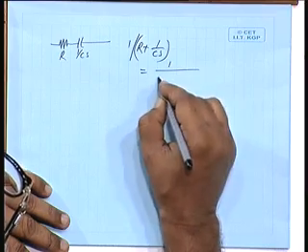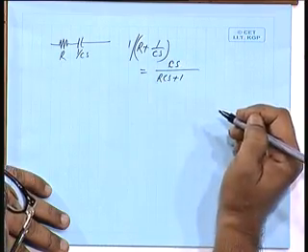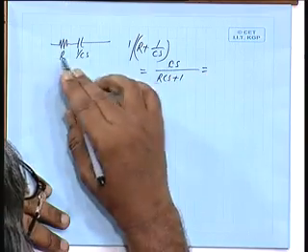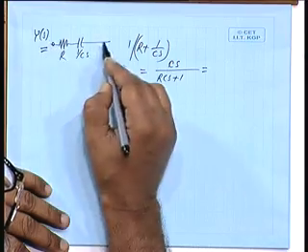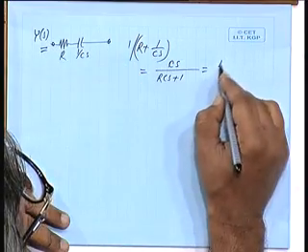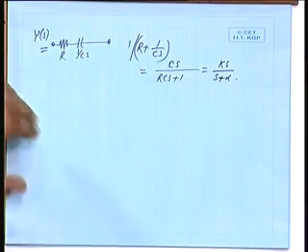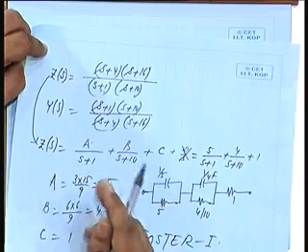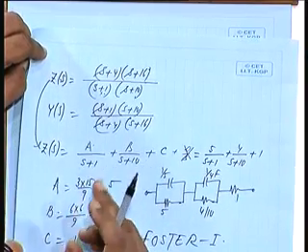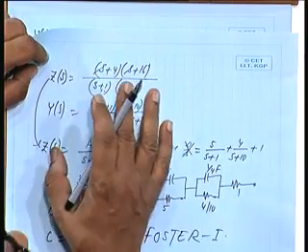So, 1 by (RCS plus 1) into CS. So, now the admittance function, if you consider admittance function of this element, it is KS by S plus alpha in this form. Unlike the impedance function, which is K by S plus alpha, admittance function for an RC network is KS by S plus alpha. So, let us realize the same network by Foster 2, that is starting with admittance.